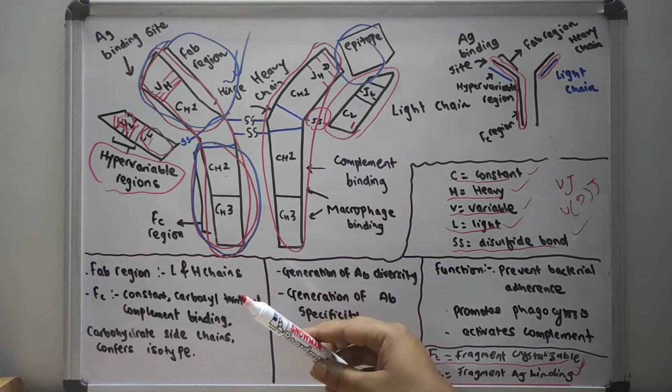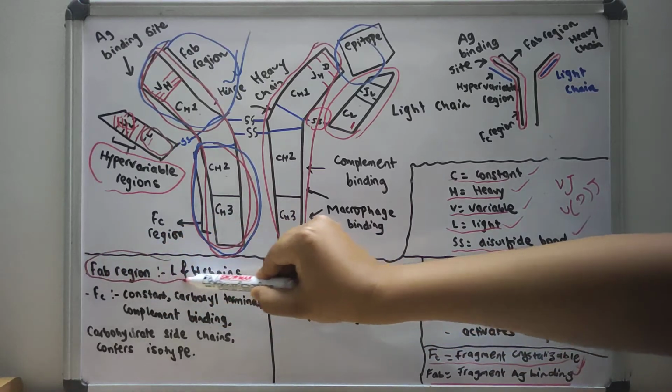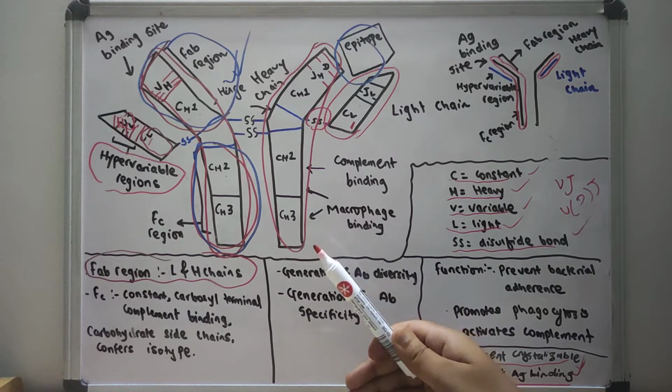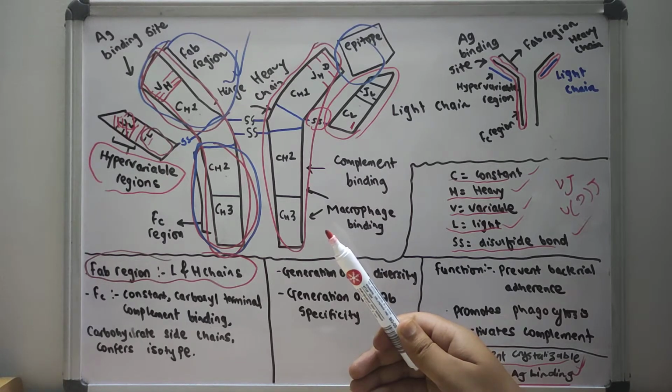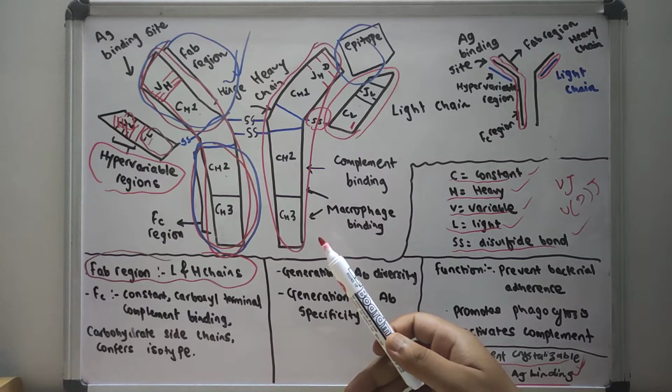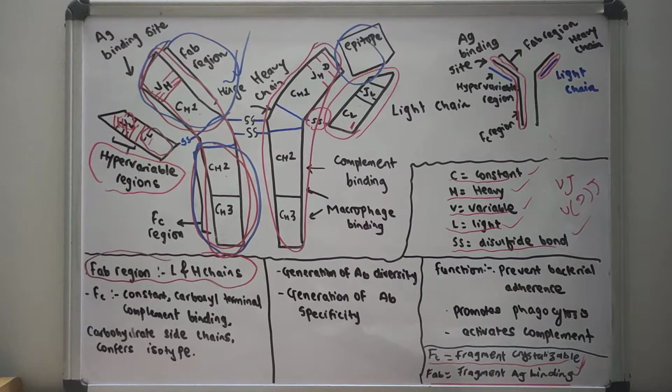Now let us talk about the FAB region. The FAB region is the fragment antigen binding region, and it determines the idiotype, the unique antigen binding pocket.